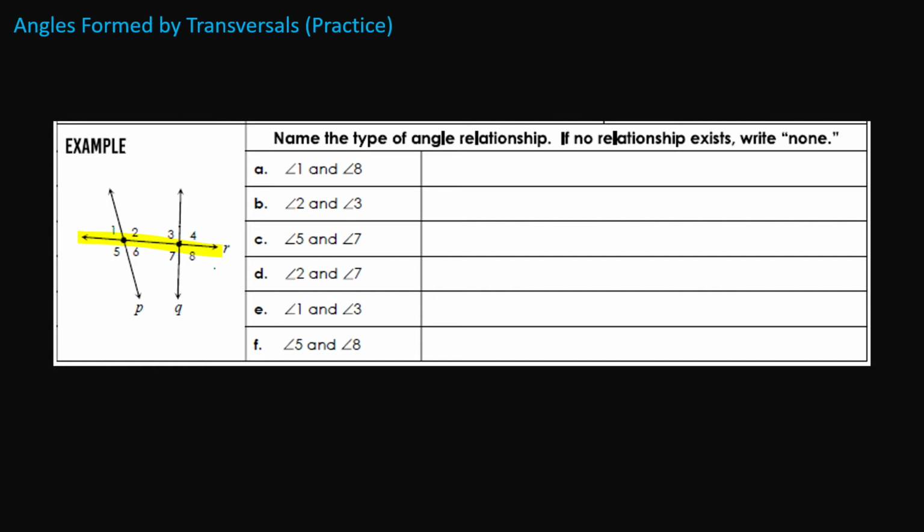Now let's look at the relationship between angle 1 and angle 8. I see that they are outside of the intersected lines, outside of lines P and Q, and they're on opposite sides of the transversal. That means they are alternate, because they're on opposite sides of the transversal, and they are exterior, outside of the intersected lines. Alternate exterior angles.